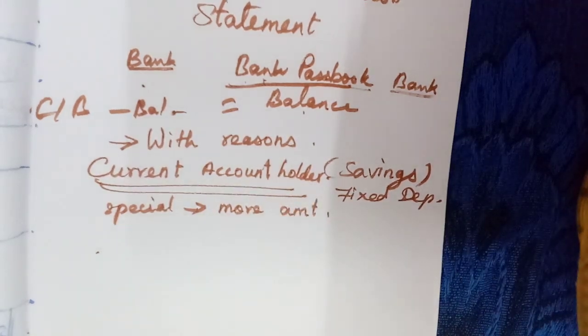One special privilege is that they can withdraw more amount than what is available in their account. Understood? But if we have a savings bank account or a fixed deposit account, we can withdraw only within the available deposit amount. If we have deposited a fixed deposit of 1 lakh or 5 lakhs, only that 5 lakhs we can withdraw from the bank. They may not allow even a single paisa above our balance amount.